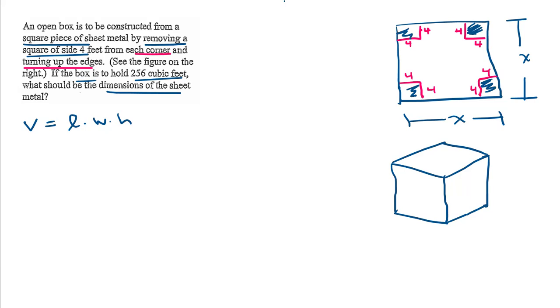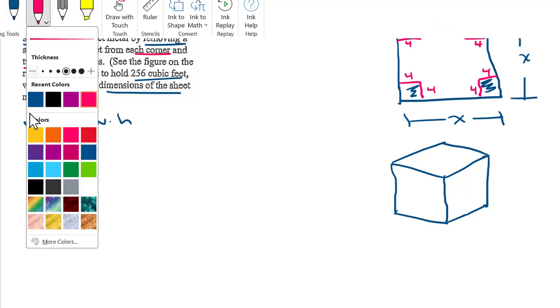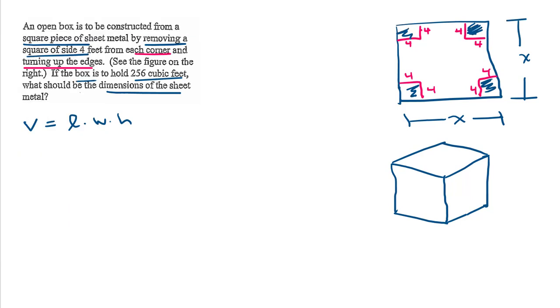this portion here, let me use a different color. So this portion here from here to here, right? That portion there, what's that going to be? Well, if I took a 4 piece here and a 4 piece on that side, that little piece there is going to give me x minus 8.